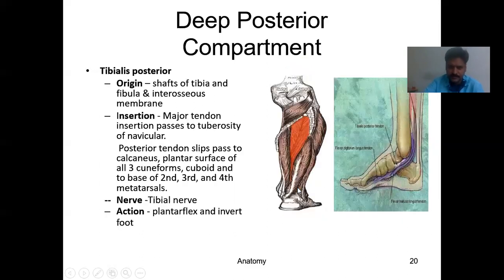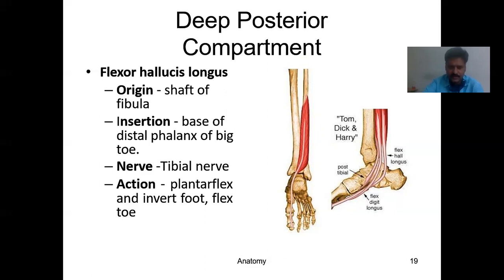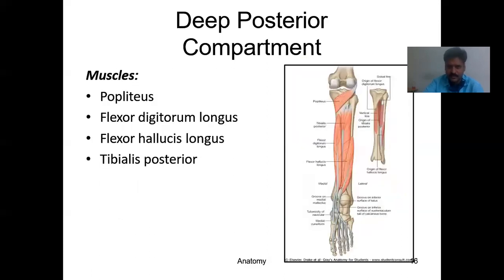So these two muscles, the flexor hallucis longus and flexor digitorum longus, with the help of this diagram, you can see the flexor hallucis longus here and the flexor digitorum longus. The tendons of these two muscles cross each other in the sole of the foot. At that area, the flexor hallucis longus gives slips to the flexor digitorum longus, because the flexor digitorum longus is comparatively not a bulky muscle.